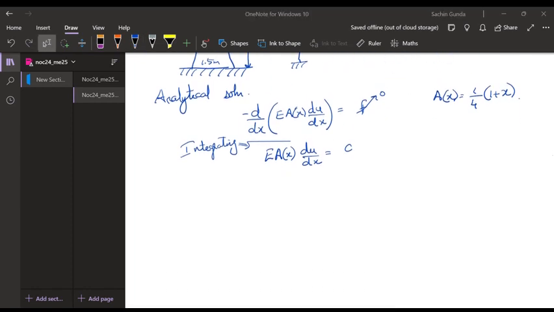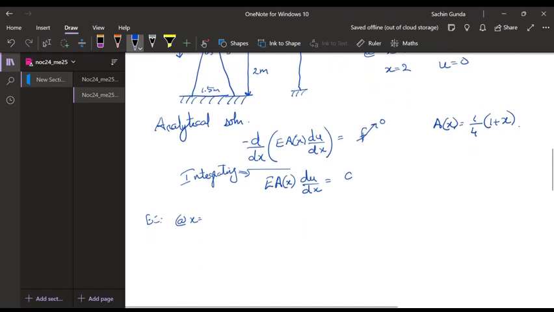And if you remember, we have a boundary condition at x equals 0, P is equal to 5 kilonewton. That is, P is nothing but EA du by dx at x equals 0, which is equal to 5 kilonewton, equal to c, implies c is 5.